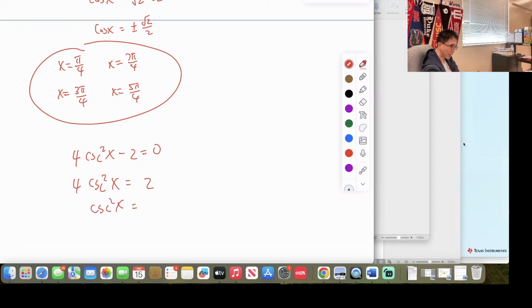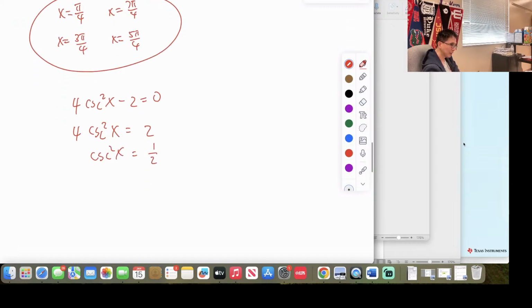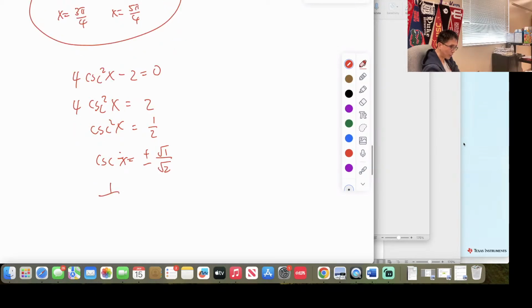Cosecant squared x equals 1/2. Square root both sides, so 1 over sine of x equals 1 over square root 2. Rationalize it, so 1 over sine of x equals square root 2 over 2.